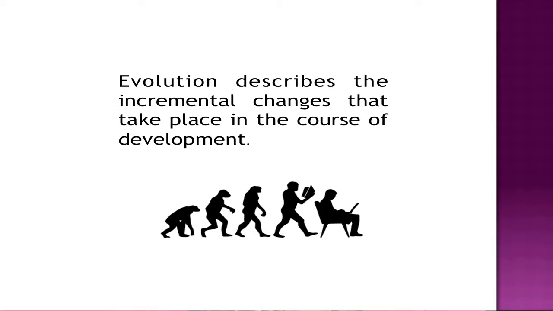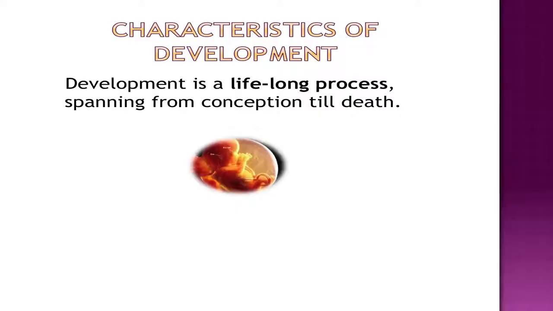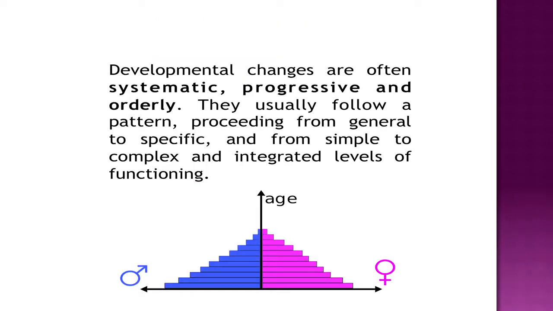We can now summarize the characteristic features of development to help us distinguish it from other kinds of changes. Number 1, development is a lifelong process spanning from conception till death. Second, developmental changes are systematic, progressive and orderly. They usually follow a pattern proceeding from general to specific and from simple to complex and integrated levels of functioning.